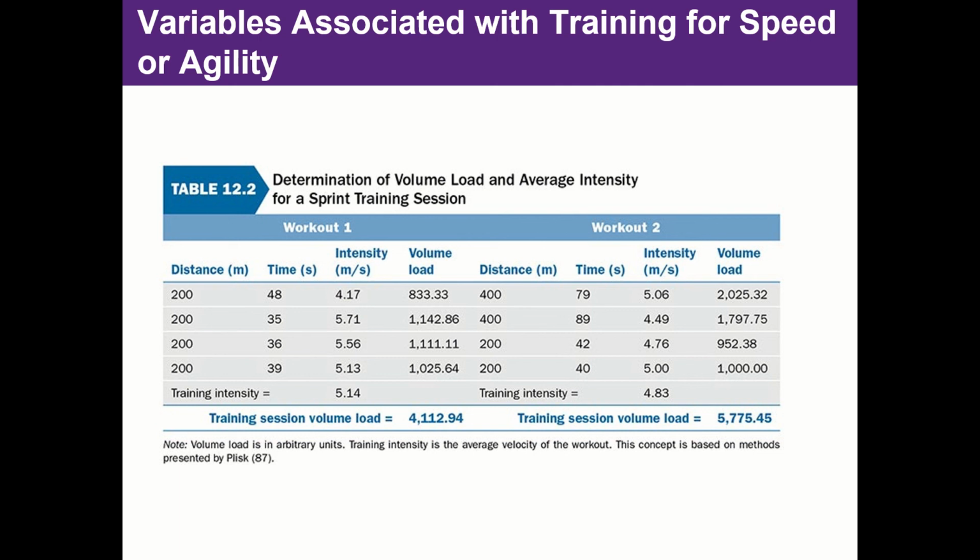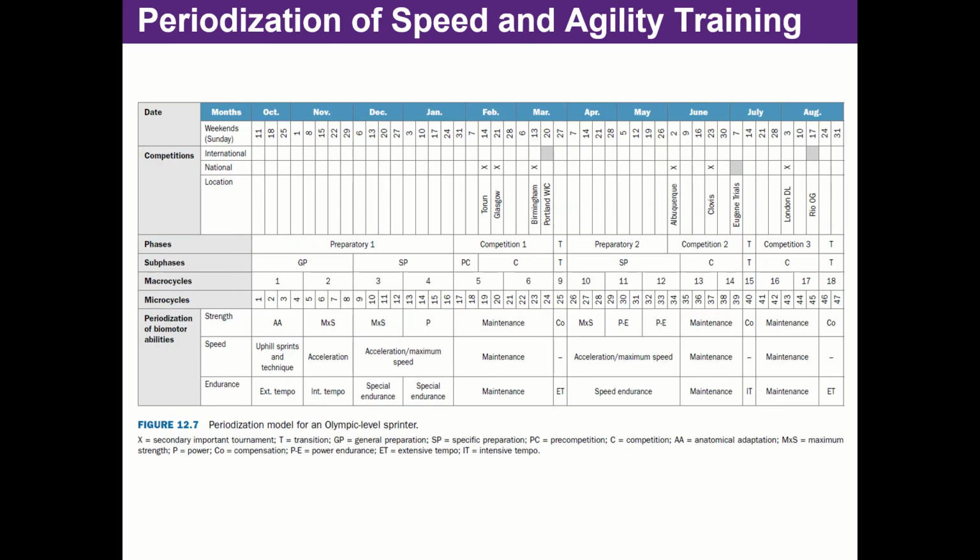So that's the volume load there. That would be a way to account for overall training load, thinking back to those diagrams that show the up and down variation of the load throughout the macrocycle. This would be one of the ways that you can quantify that with respect to volume of sprint type training.